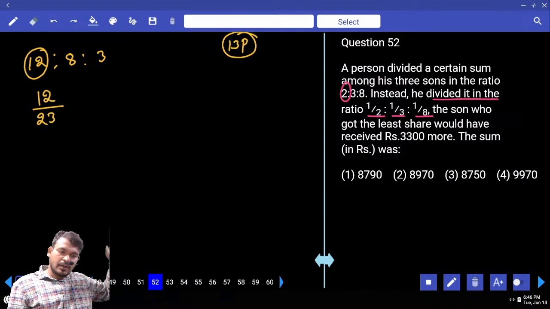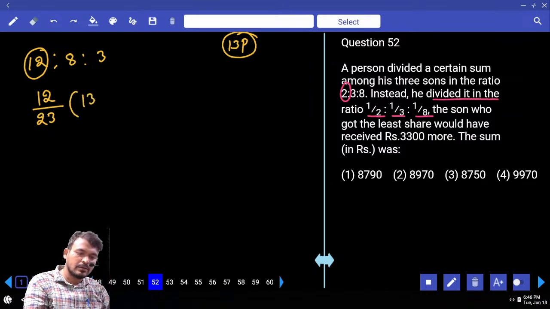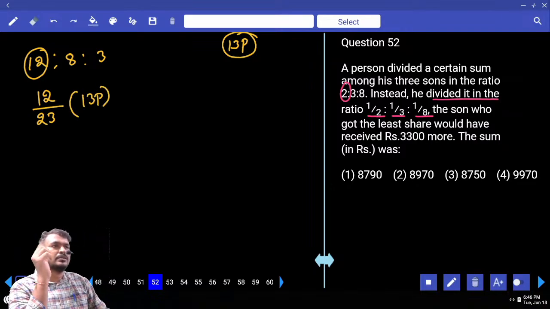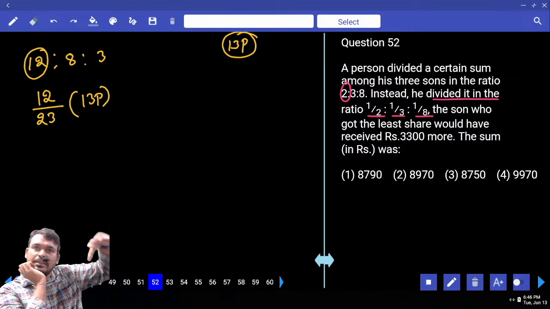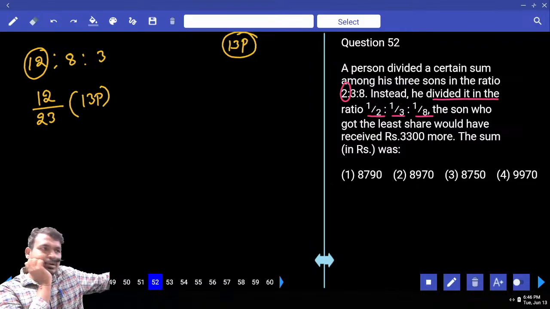Okay, that 12 parts is nothing but 12 by 23 of how many parts we are calculating? 13 parts. Because that sum is distributed for how many parts? 23 parts. Again the same X rupees is distributed for how many parts? 23 parts.